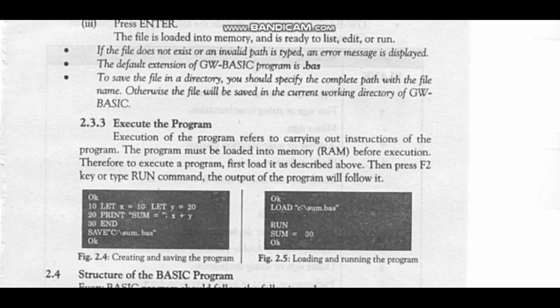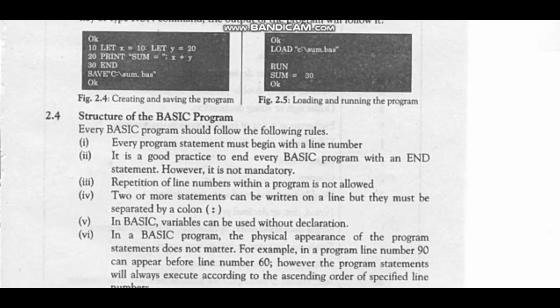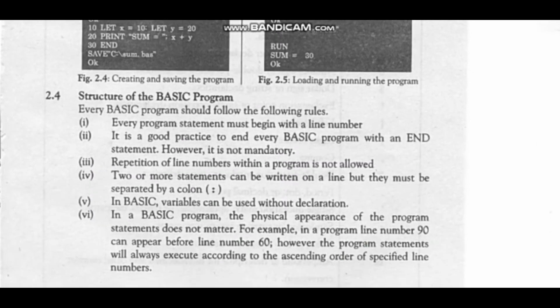Press F4, it means it will be saved, or type the save command. Type the name in double quotation. Okay, so save the program in a specific location. The file is saved in the current directory if the path is not specified. If you do not select one, it will be saved to some other place.